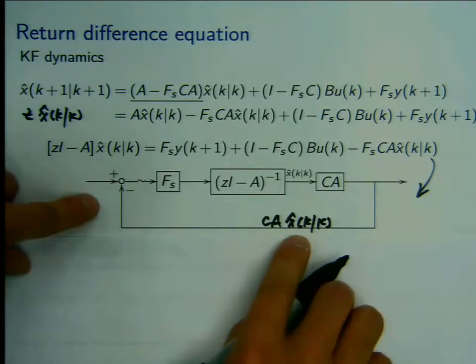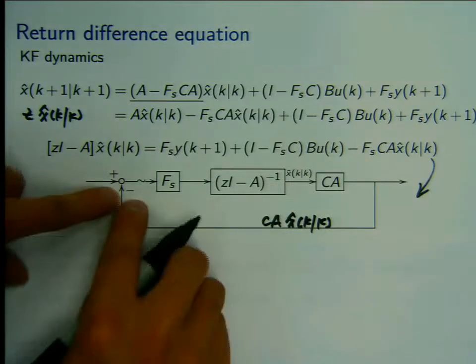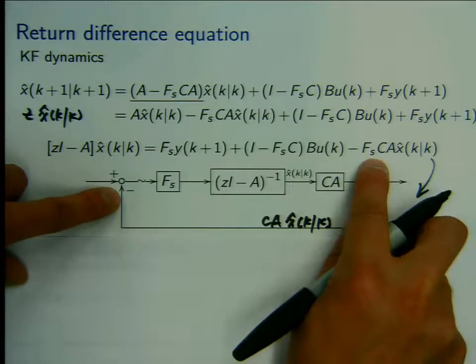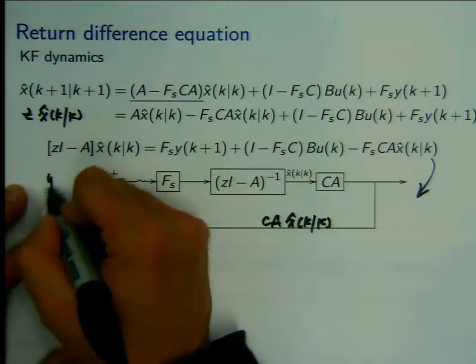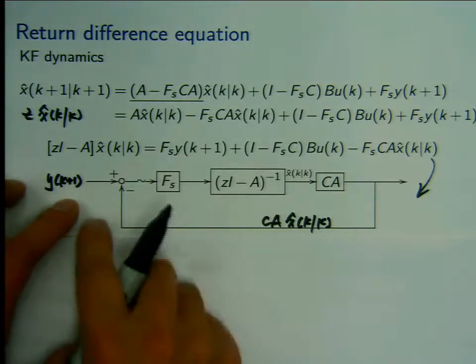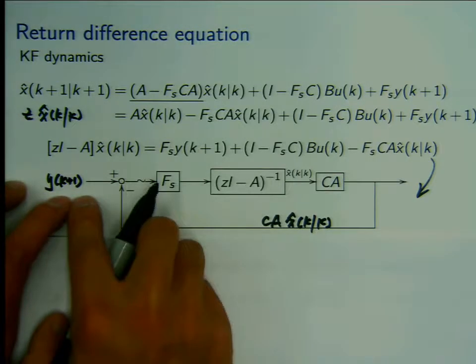Then I have on this side negative Fs times this signal here. And then to complete this block diagram, I'm going to need this term to occur, Fs times y_k plus 1.